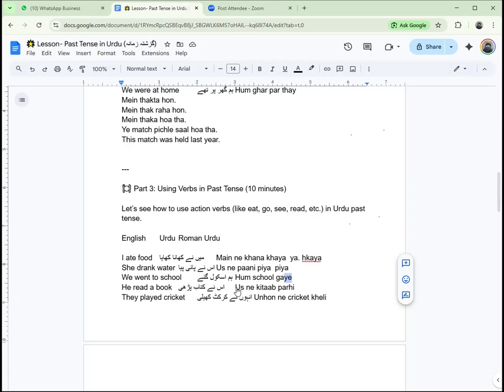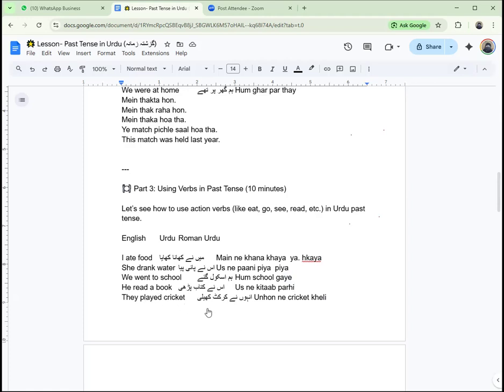I have explained this in a class that when we're talking about a male person, the sentence or word ends on a, or when we're talking about female, it ends on e, and when we're talking about a group of people, the sentence ends on a. And here is for past use. उसने किताब पढ़ी.